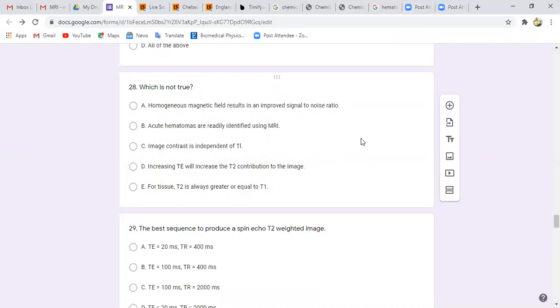So what is it? Which one is not true? Perhaps E. Perhaps.